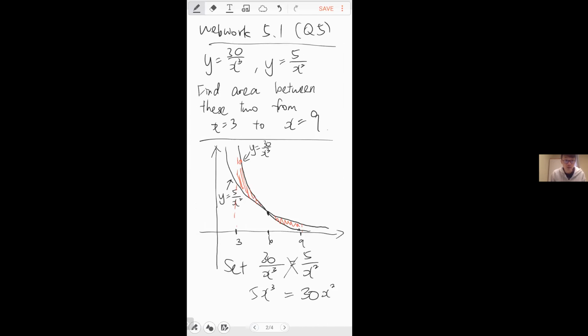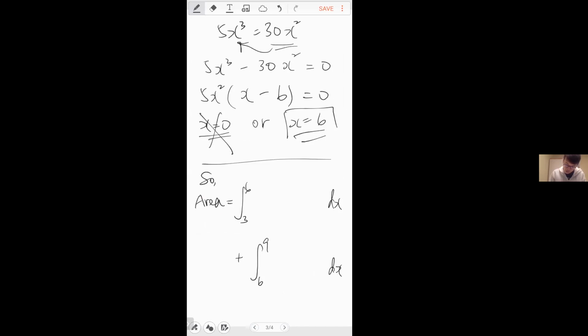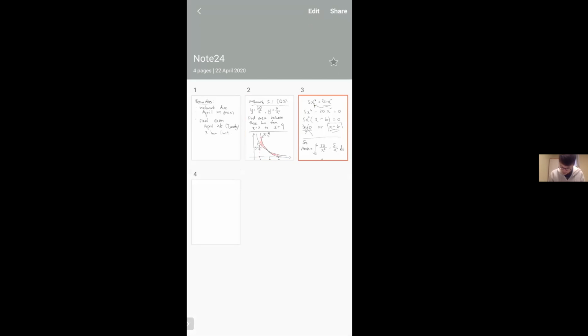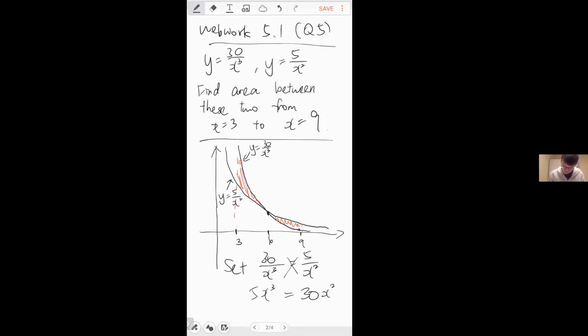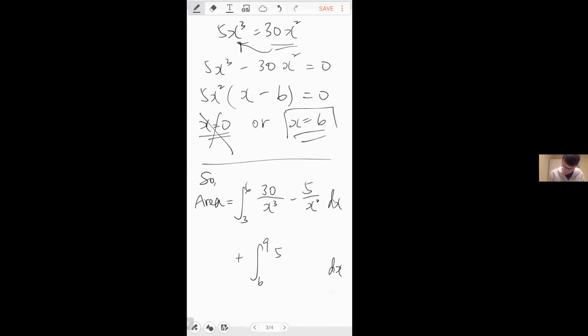For the first one, you would do top minus bottom, and from 3 to 6, we know that 30 over x cubed is higher than 5 over x squared. So 30 over x cubed minus 5 over x squared. For the second piece from 6 to 9, 5 over x squared is higher, so you do the other way around. So 5 over x squared minus 30 over x cubed.